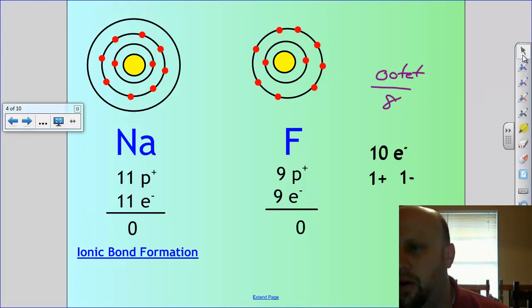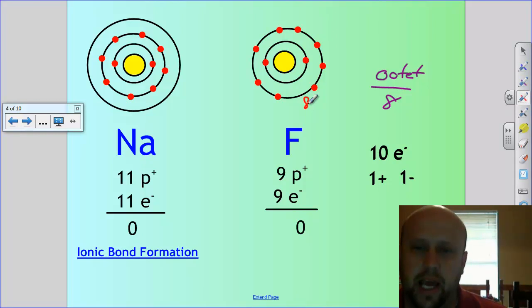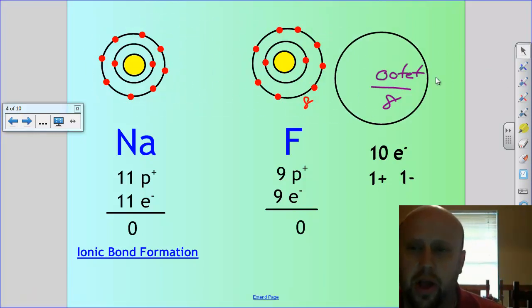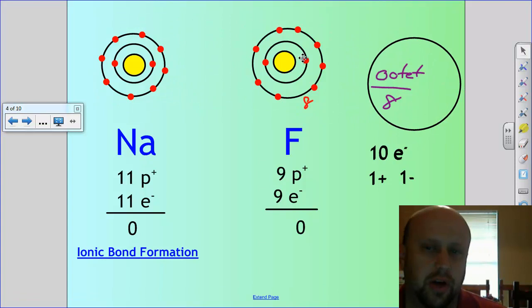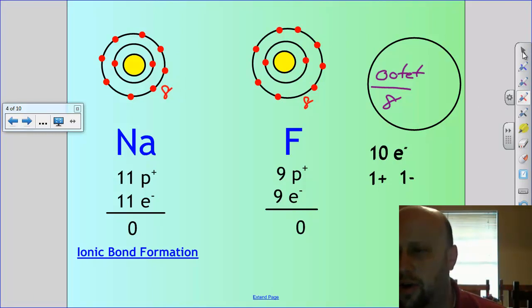Now fluorine has 8 valence electrons, and you're looking at sodium and thinking, well, it only has 0 now, so it's not very happy. But remember, valence is the outermost occupied shell. If there's nothing in the shell anymore, we take it away, and the highest occupied shell now is this one. If you count those, we've got 8 there also. So both of these things are happy.